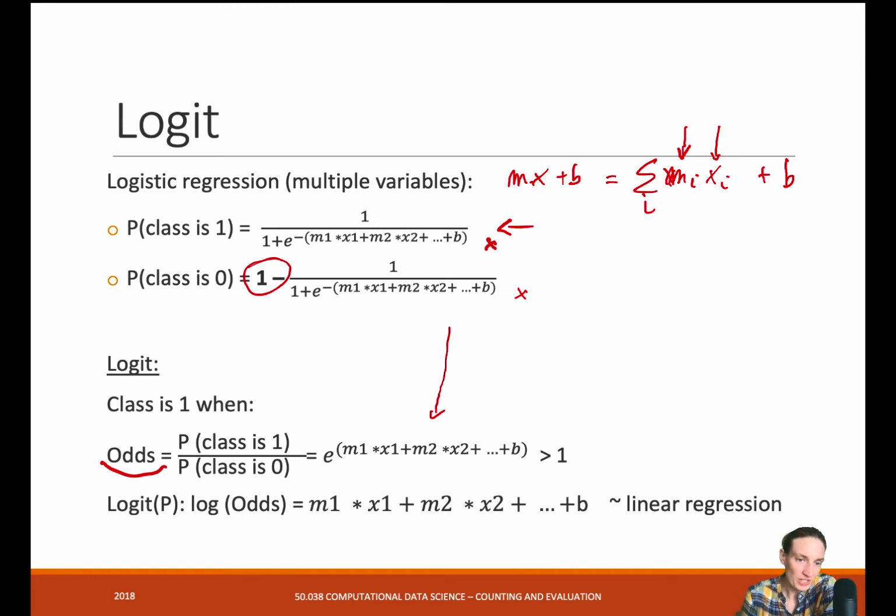Now, what we call logit is basically the logarithm of the odds. And what's so nice about it is if we take the logarithm of this function, it removes the e, and we just get a nice linear regression equation again. So this means that the logarithm of the odds can just be represented as a simple linear regression.